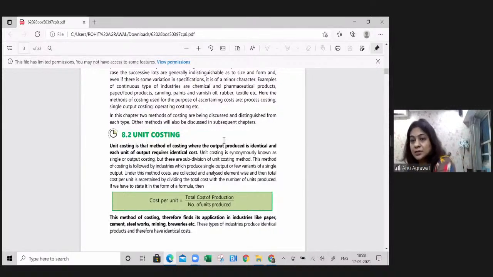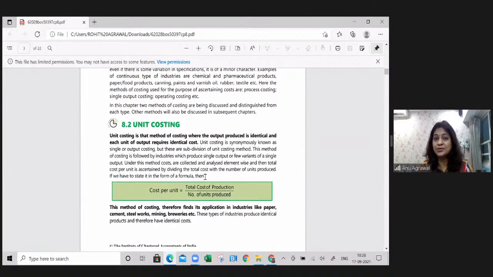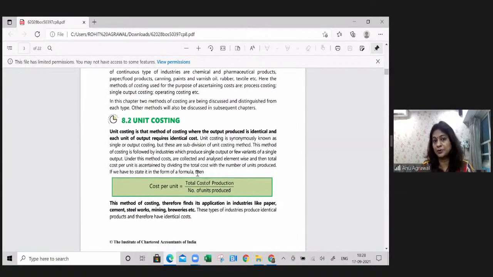I'm manufacturing medicine. Let's say it is not being produced in a batch, it is one tablet coming into existence, but every tablet is similar to the tablet which is being produced. Why is it called unit costing? Because the output is coming out one by one. So this method of costing is followed by industries of a single output, right?